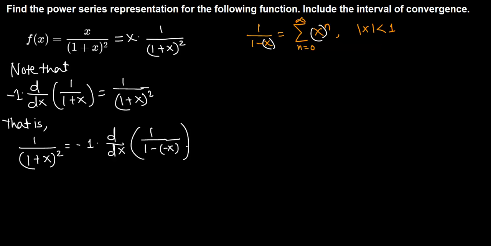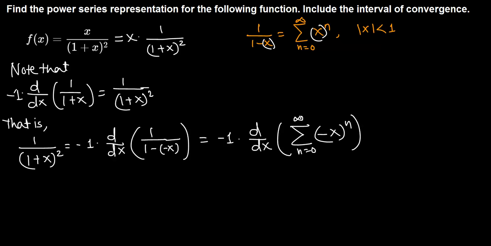So this is the same as negative 1 times the derivative of 1 over 1 minus something. 1 over 1 minus something is the sum of that something, x to the n, in our case negative x to the n, n from 0 through infinity, and this is true when the absolute value of that something is less than 1, in our case absolute value of negative x less than 1.